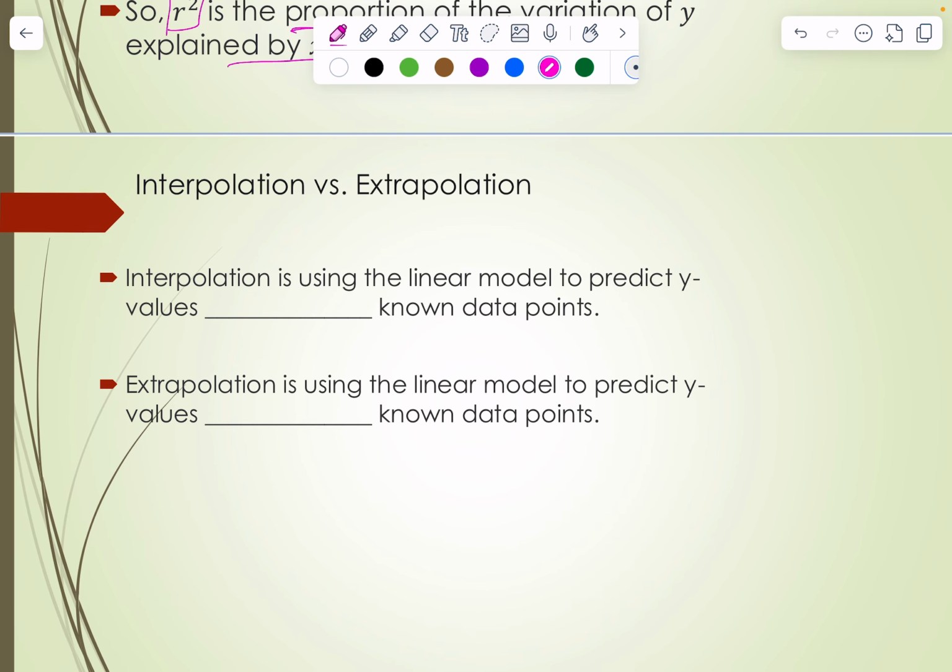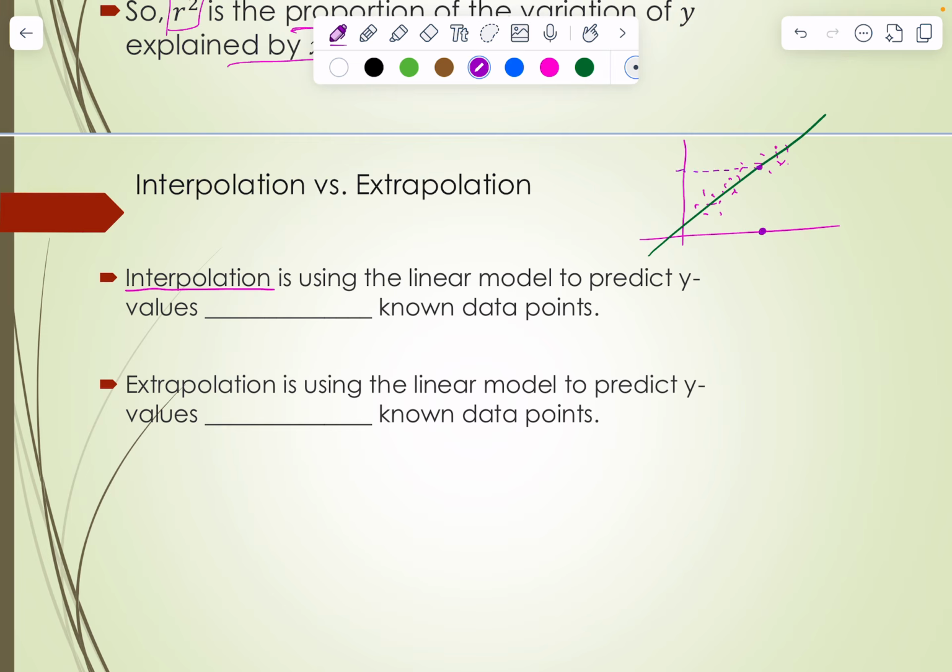Okay, now, there are two different ways you can fill in values when you have a line of best fit. One, you can do what's called interpolation. That's when you have your data and you have your line of best fit, and you're curious about a particular value inside of the range where your data is.